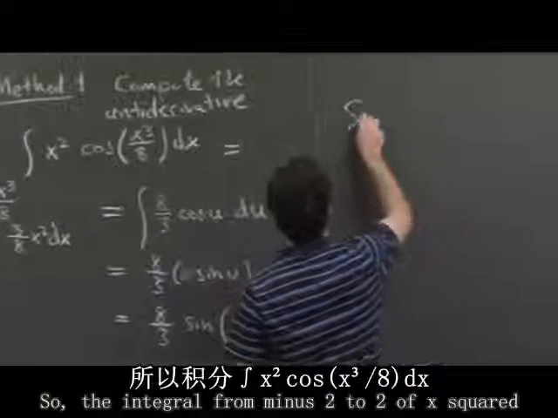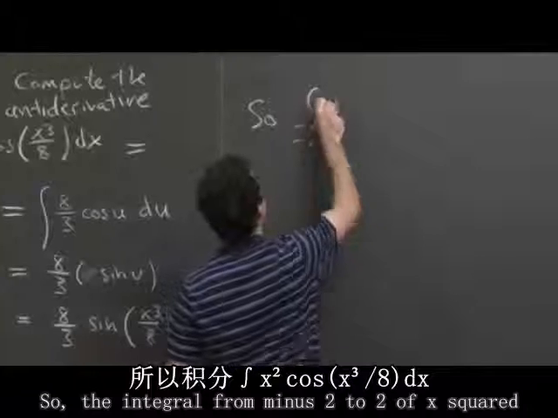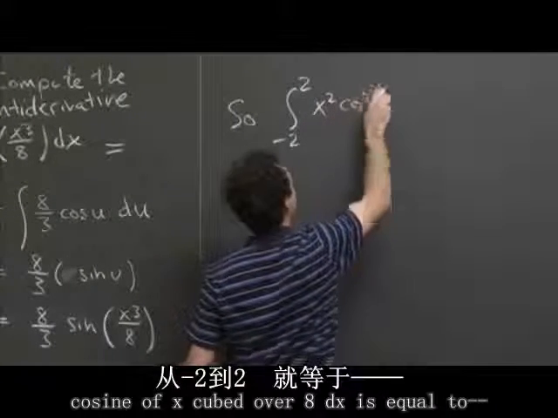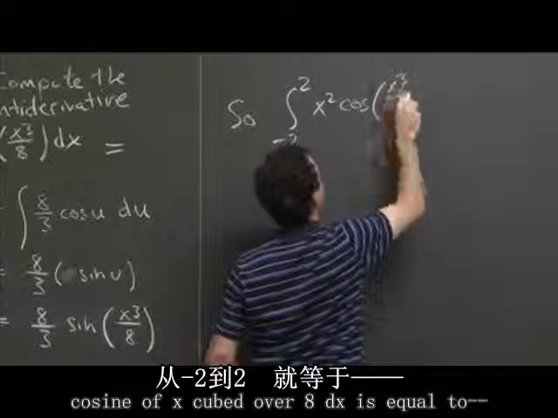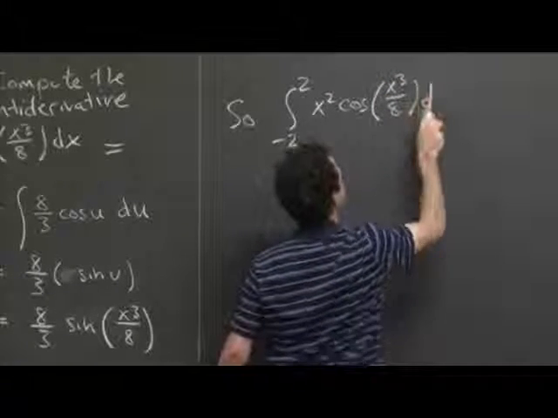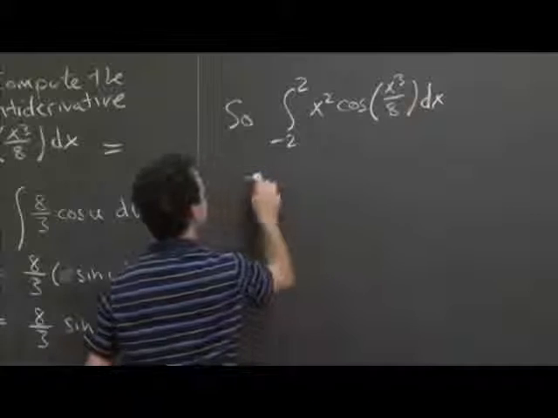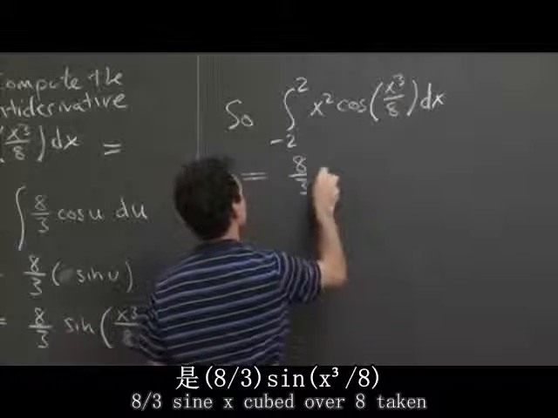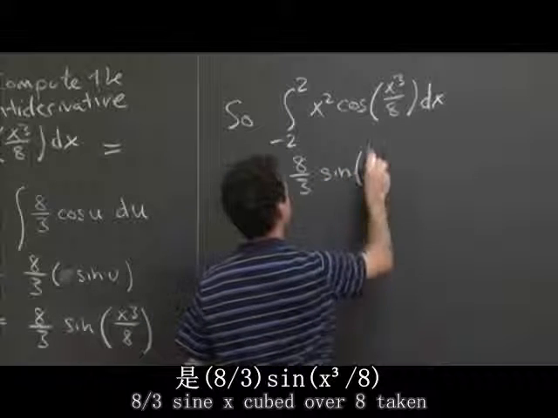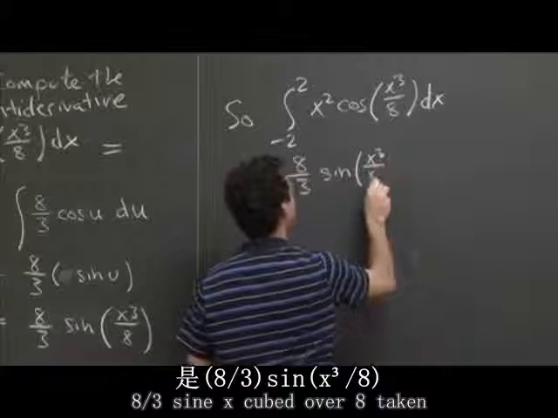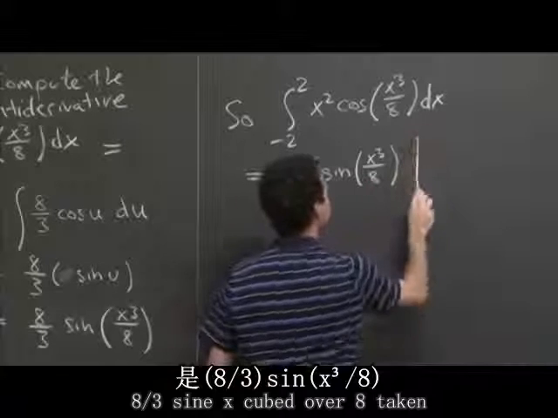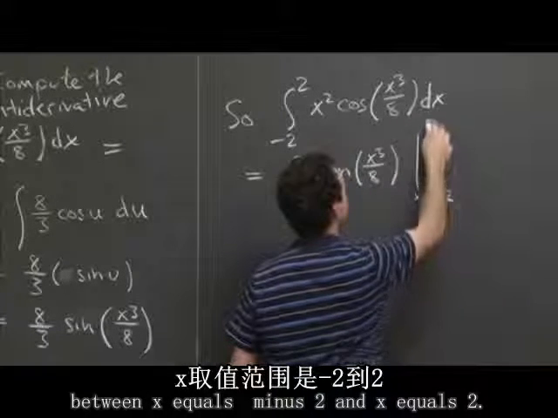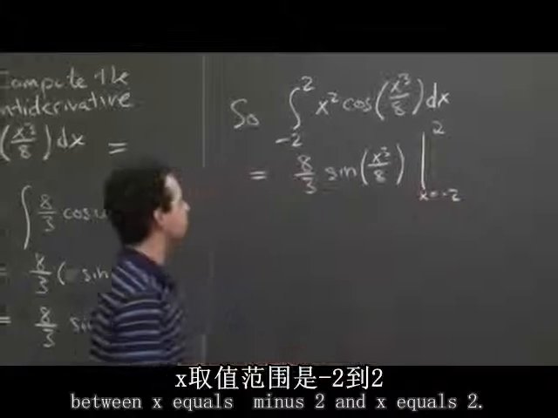So the integral from -2 to 2 of x squared cosine of x cubed over 8 dx is equal to this antiderivative, 8/3 sine of x cubed over 8, taken between x equals -2 and x equals 2.